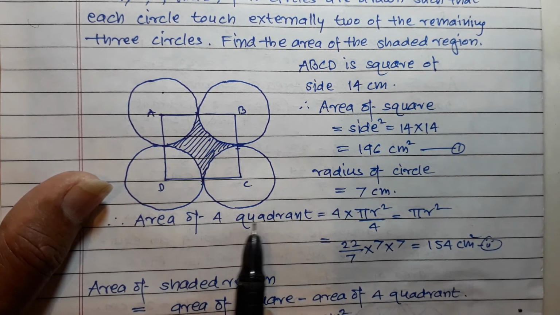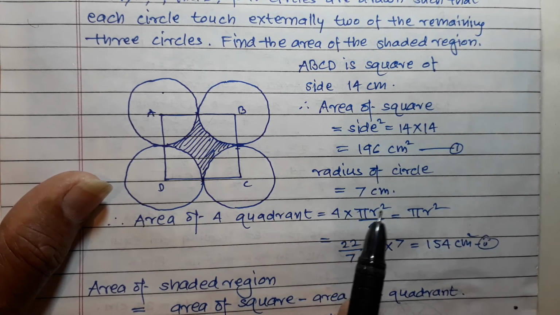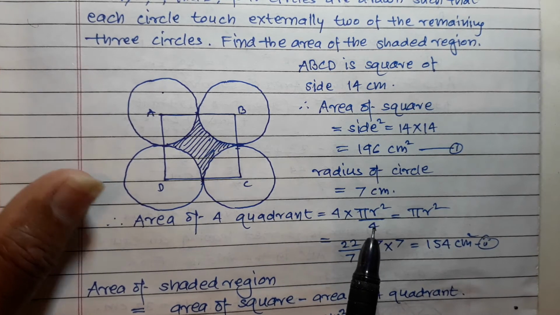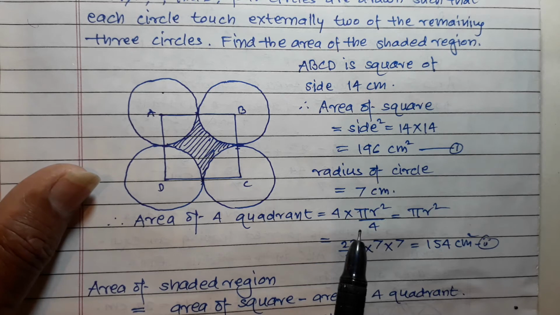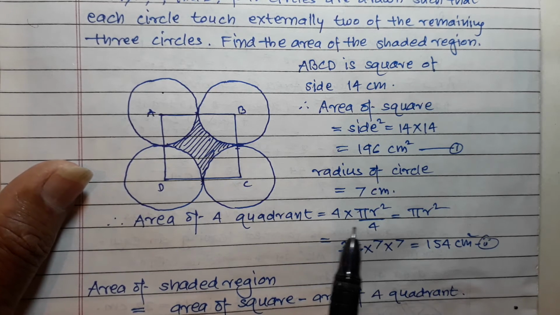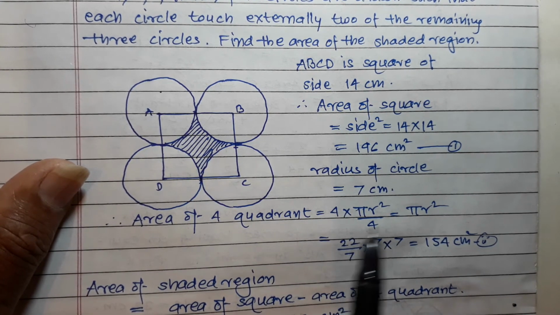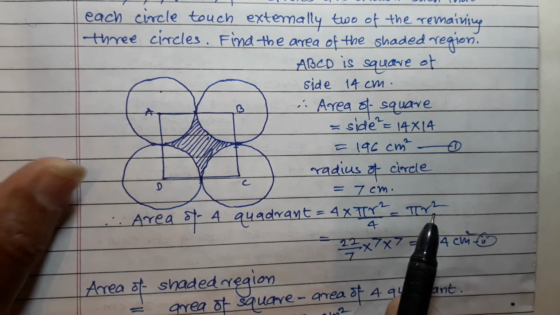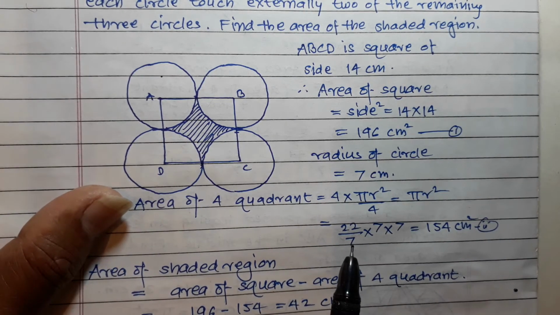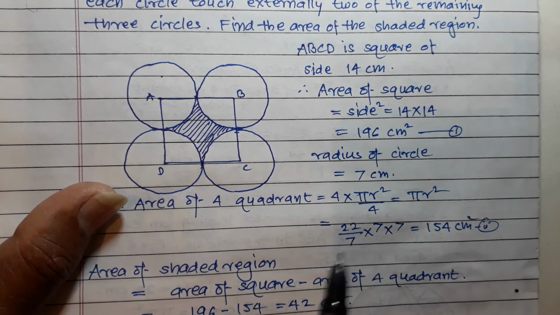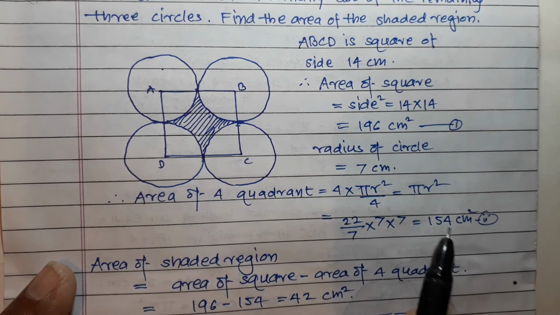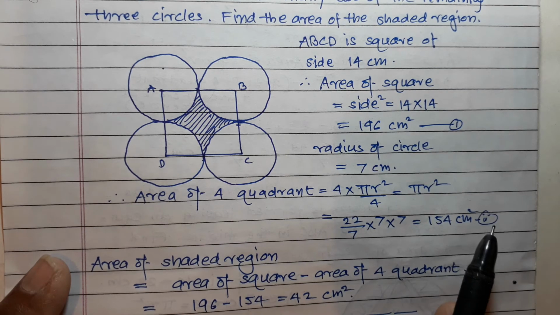So area of 4 quadrants is equal to 4 into pi r square upon 4, which is pi r square, and 22 upon 7 into 7 into 7. So 7 gets cancelled, and this is equal to 154 cm square.